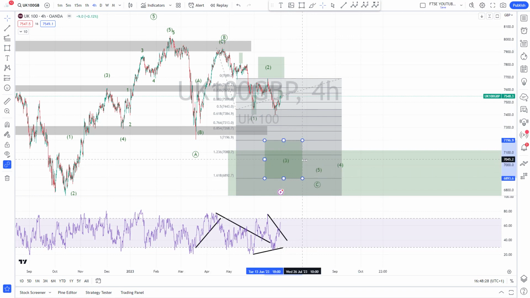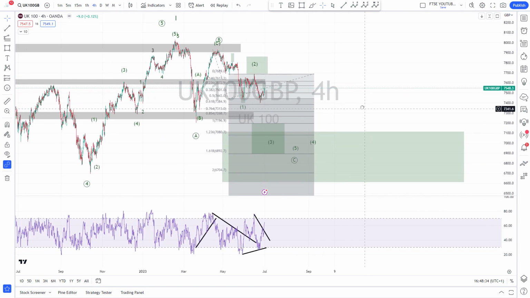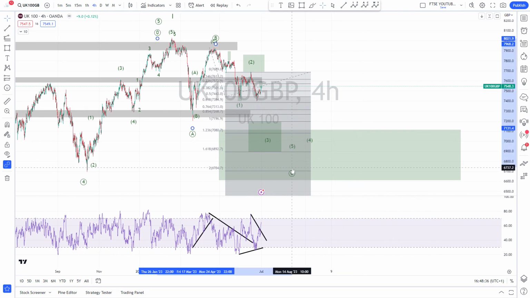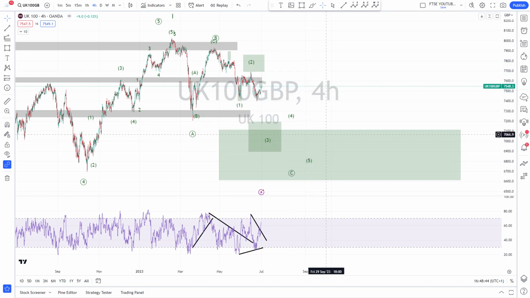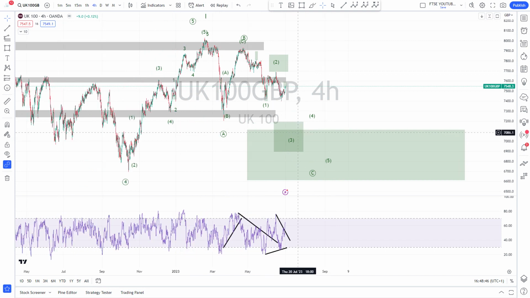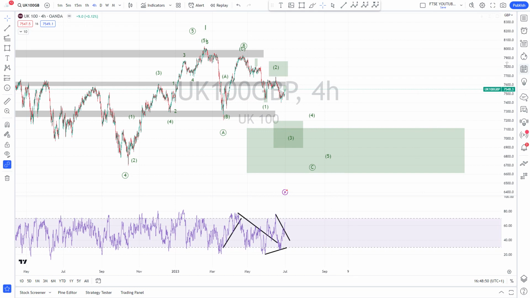Like here, our wave 3 should end, and then you can see that we would nicely enter the area for the wave C in order to complete the wave C.